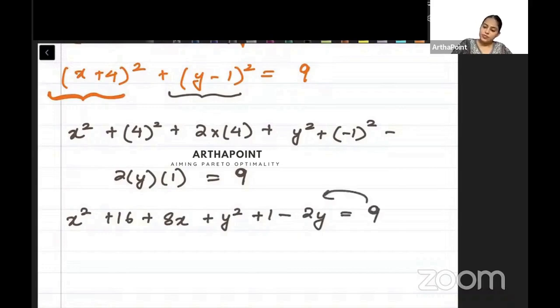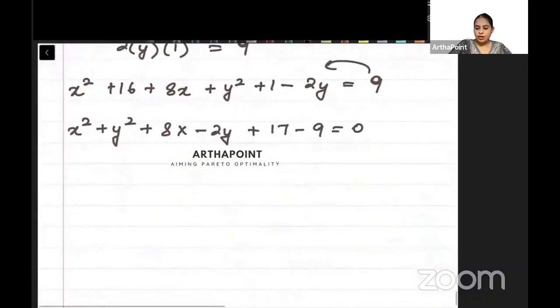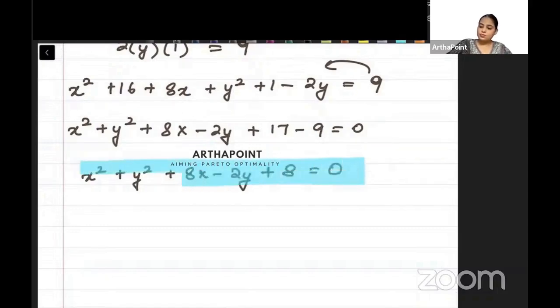Bring 9 to this side: x square plus y square plus 8x minus 2y plus 17 minus 9 equal to 0. So x square plus y square plus 8x minus 2y plus 8 is equal to 0. This will be the equation of the circle.